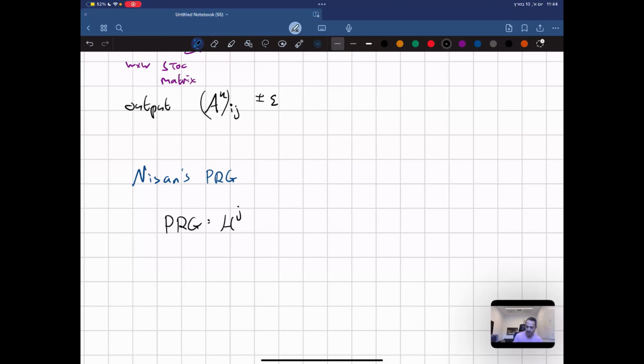H is a family of hash functions from, let's say, a set we call sigma to sigma, and it's pairwise independent. Okay, so the PRG takes this, it takes an element from sigma, and it produces 2 to the j symbols, a sequence of length 2 to the j over sigma.